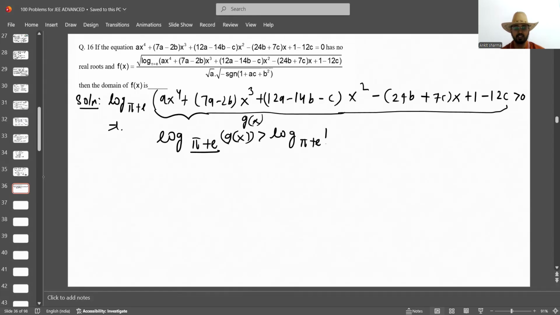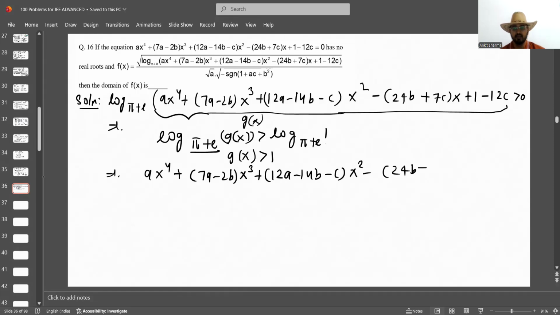In this case pi plus e is more than 1, so the inequality remains unchanged. So g of x should be more than 1. Now g of x is ax^4 plus (7a minus 2b) into x cubed plus (12a minus 14b minus c) into x squared minus (24b plus 7c) into x plus 1 minus 12c, which is more than 1. So in this case, the 1 and 1 is gone.